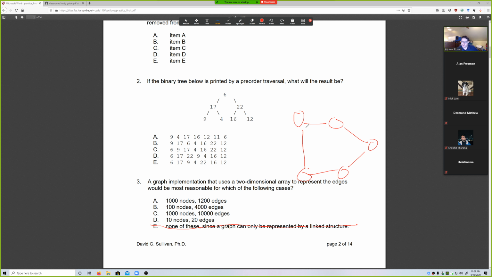Okay? Whereas a dense graph has close to n squared edges. Right? So this is a more dense graph where it's closer to n squared.